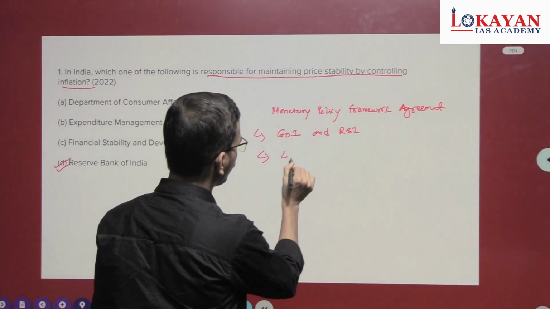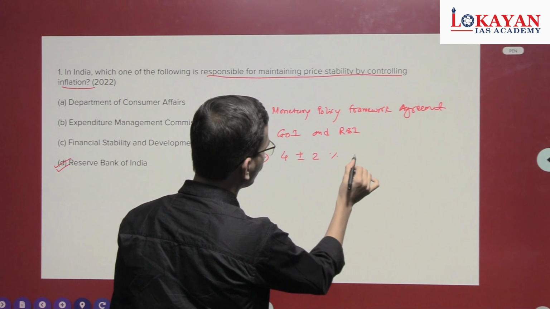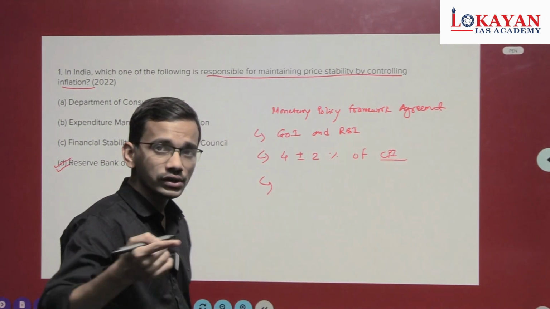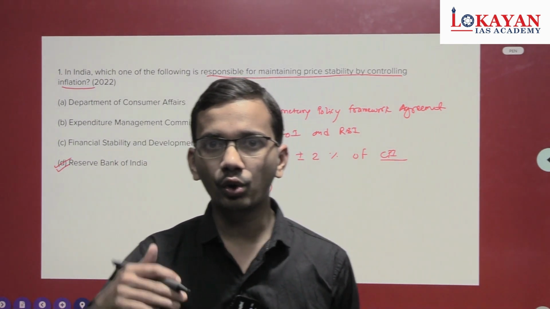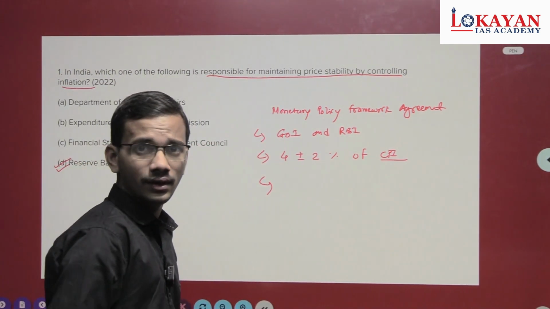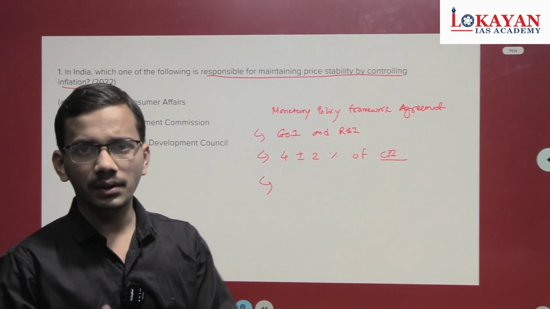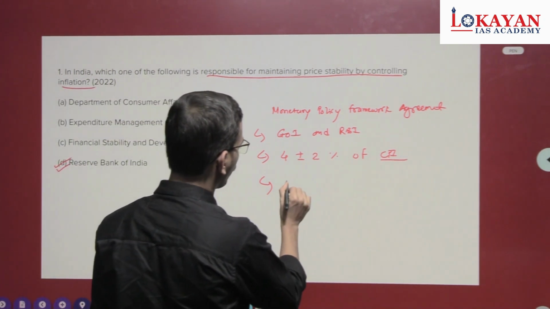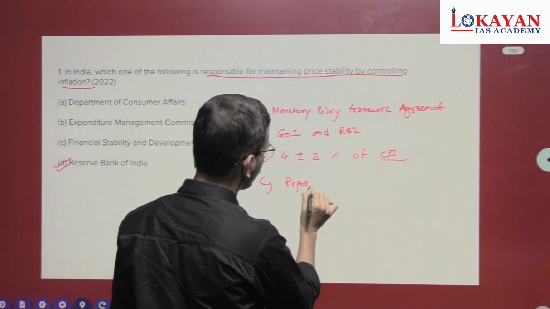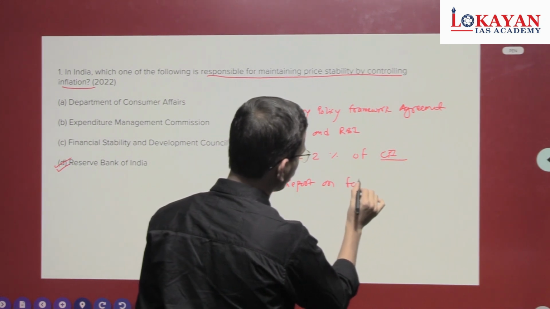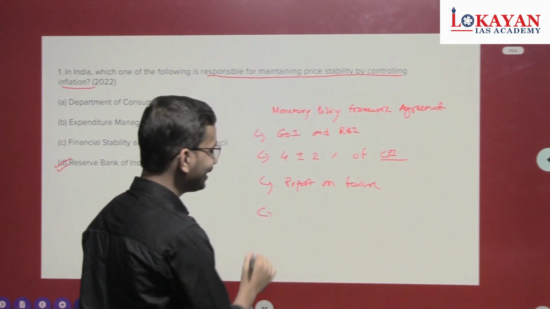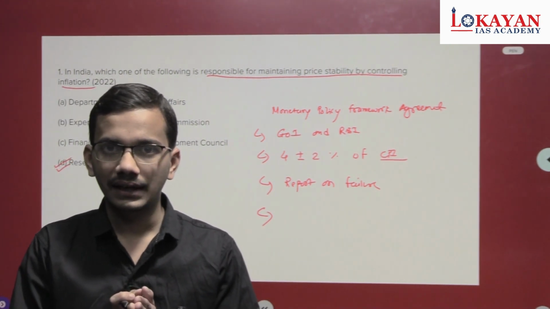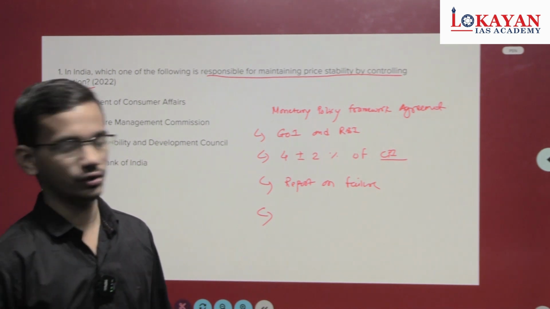Okay, 4 plus or minus 2% of CPI. If inflation falls below 2% or goes above 6%, then RBI will have to submit a report citing the reasons for this failure. So there is accountability mechanism, and RBI has to maintain the inflation taking into consideration growth also.